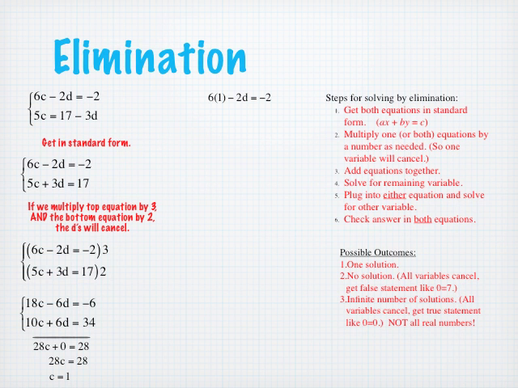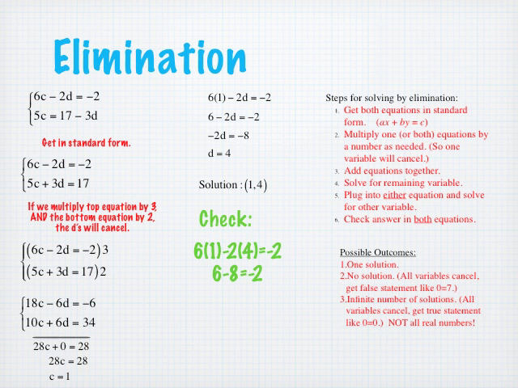Plug it back into either equation, it does not matter which one, and I'll get d is equal to 4. So my answer would be 1 for c and 4 for d. Plug it into my original equations, and they both work. 6 minus 8 is -2, and 5 is equal to 17 minus 12. Okay, those are the end of our medium examples. Now we'll do some where we might have a different outcome happening.